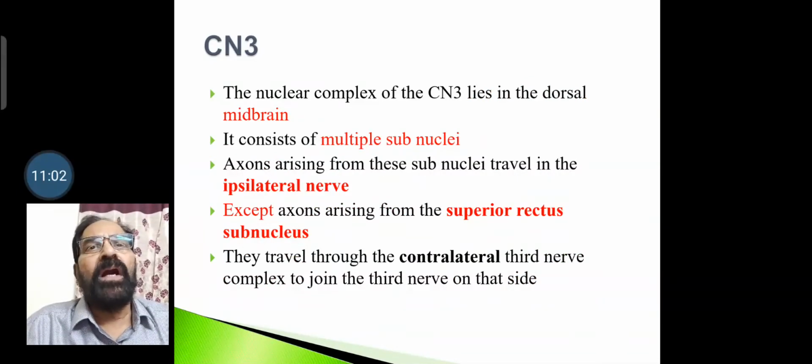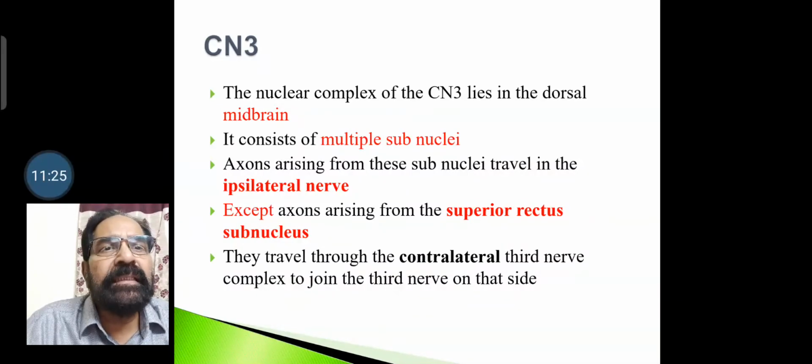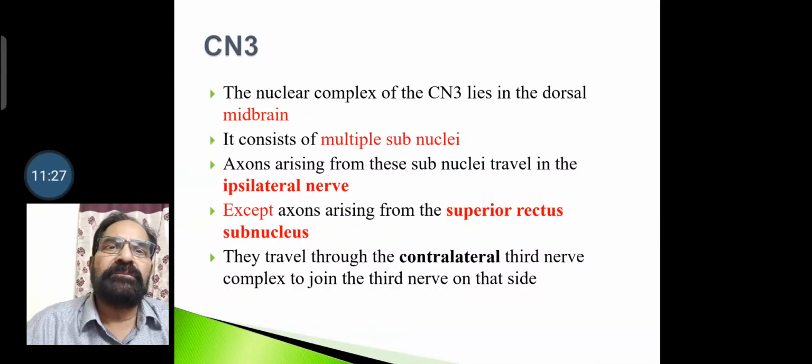Then coming to oculomotor nerve, cranial nerve, that is CN3. The nuclear complex of cranial nerve 3 lies in the midbrain. It consists of multiple subnuclei. Axons arising from these subnuclei travel in the ipsilateral nerve.